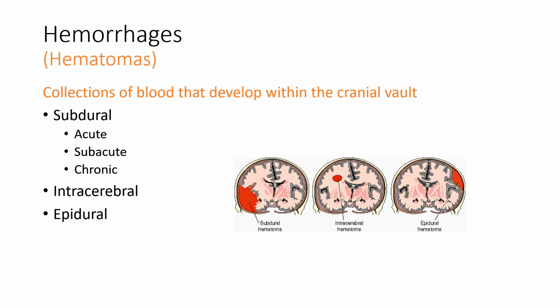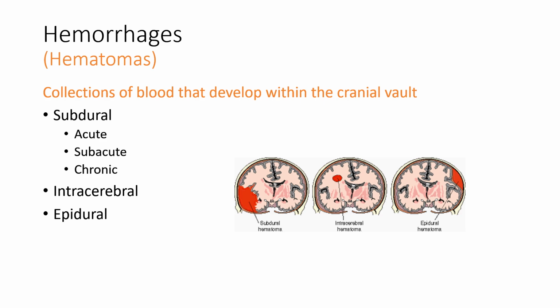Subdural hematomas are collections of blood between the dura and the brain. This space is normally occupied only by a very thin layer of fluid. The most common causes of subdural hematomas are trauma, coagulopathies, and aneurysm ruptures.